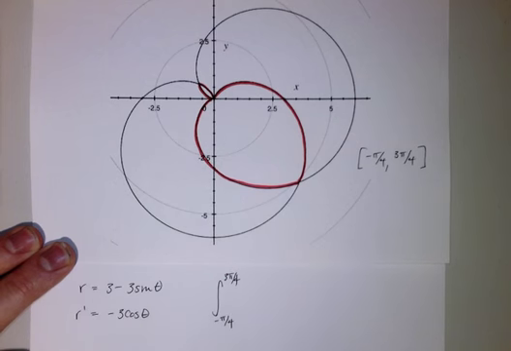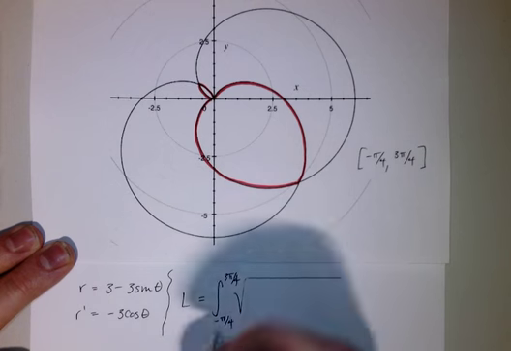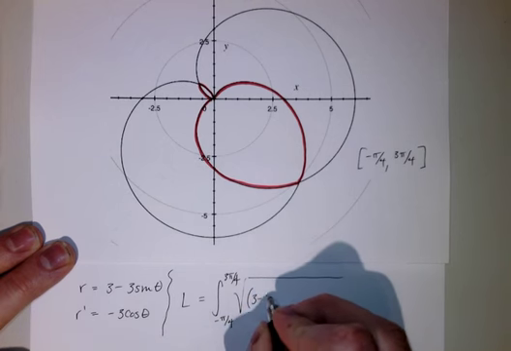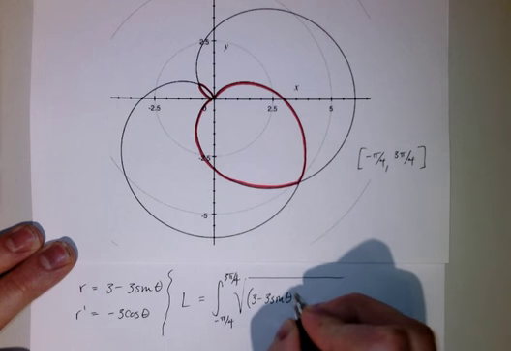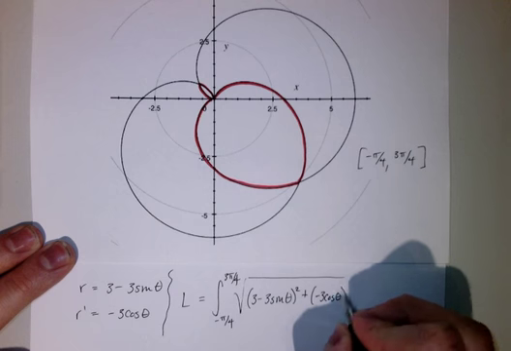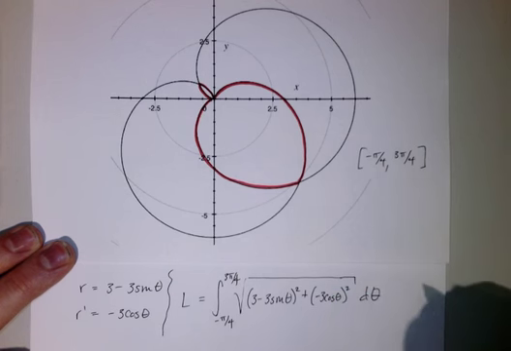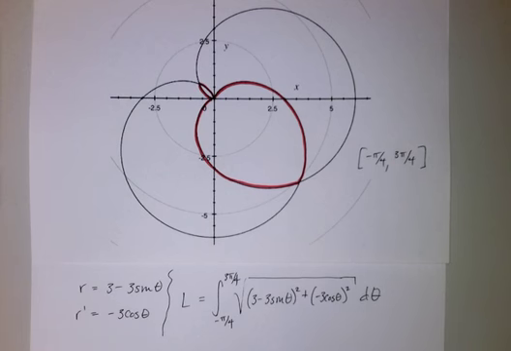Then we put a little line right here, that's L, and we just have to set up the radical: the square root of 3 minus 3 sine theta squared, plus negative 3 cosine theta squared, times d theta. That's going to be our integral. I have no idea whether we're capable of doing it by hand, but we're certainly capable of plopping it into the calculator and having it execute it.